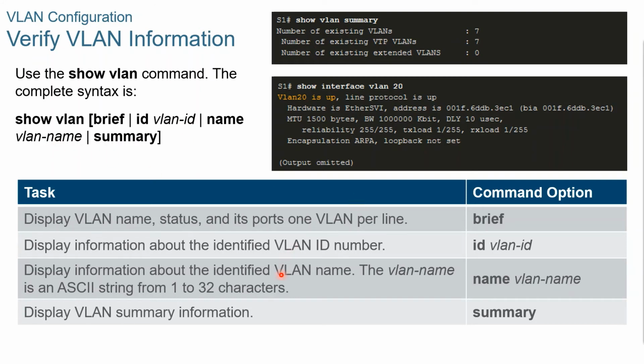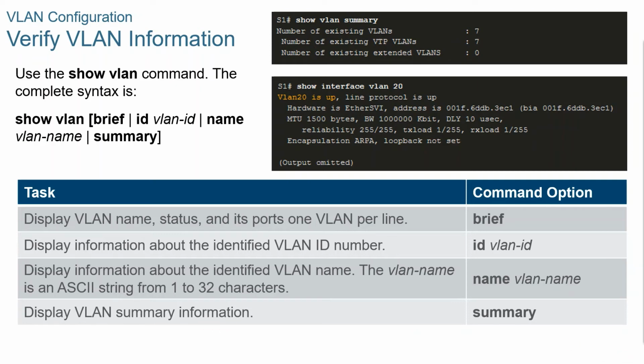Now the table describes the show vlan command options. Brief displays VLAN name, status, and each port, one per line. With the VLAN ID, it displays information about the identified VLAN ID number. Name displays information about the identified VLAN name. The VLAN name is an ASCII string from 1 to 32 characters. And summary displays VLAN summary information.